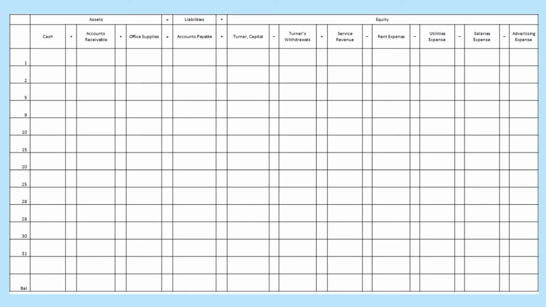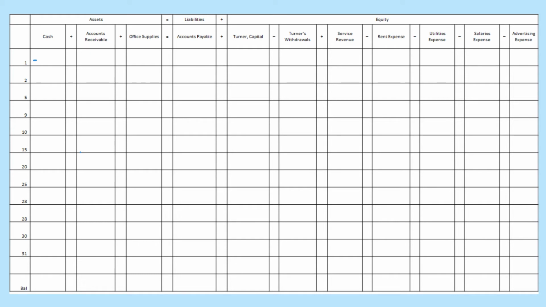So let's start. For the first transaction, on December 1st, he said that the company or the owner contributed 21,000 cash in exchange for capital. So we said the business cash will go up. So I'm gonna write it down here under cash.